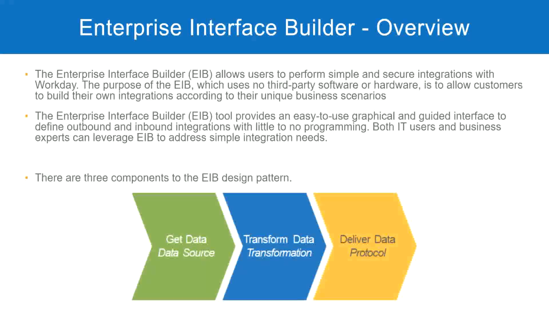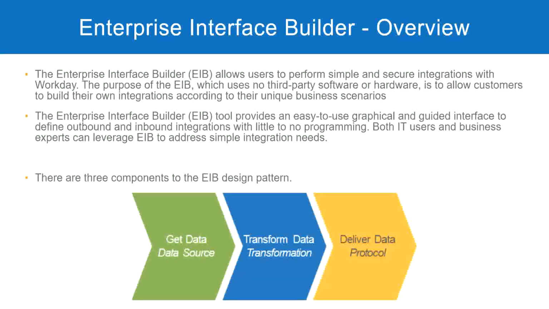The second step would be to modify, translate, or transform the data into a format expected by the recipient. That is transform data. The third step will be to send the data to the recipient, or to deliver the data.